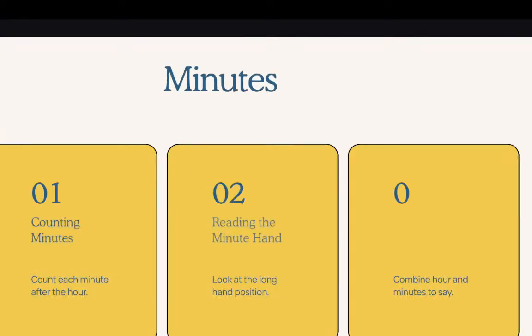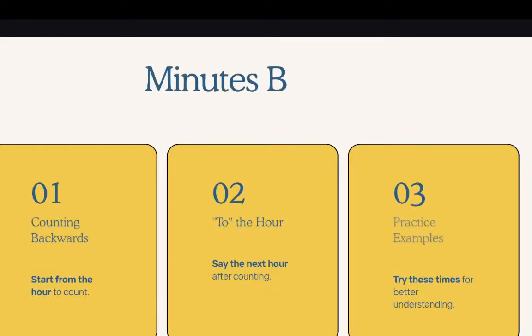Let's look at another way to describe time. Sometimes, instead of saying how many minutes past an hour it is, we say how many minutes before the next hour. This is called minutes to the hour.